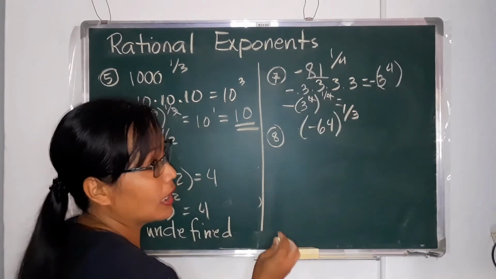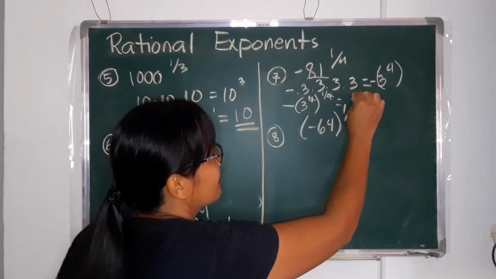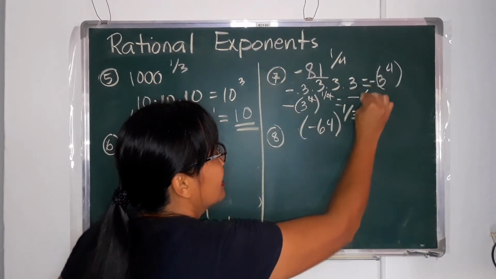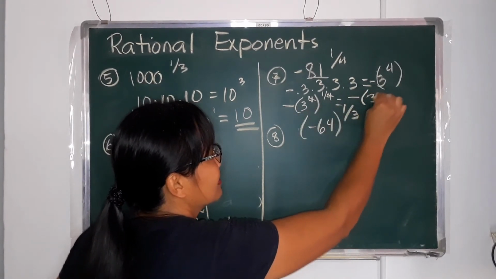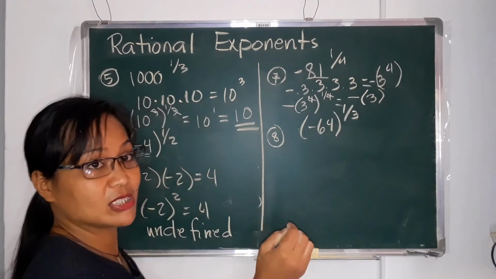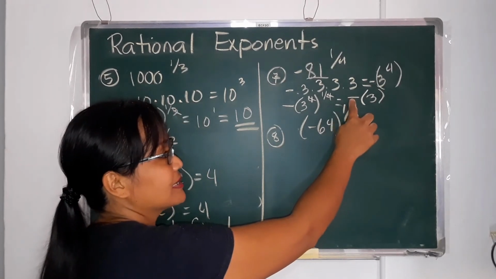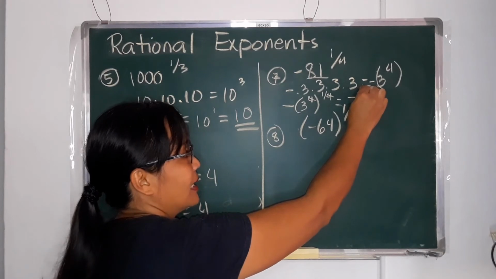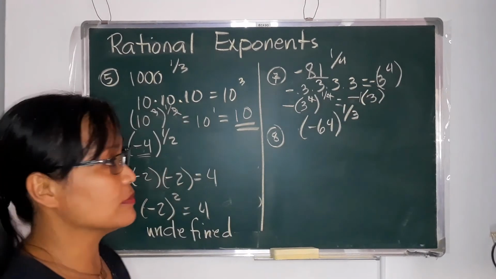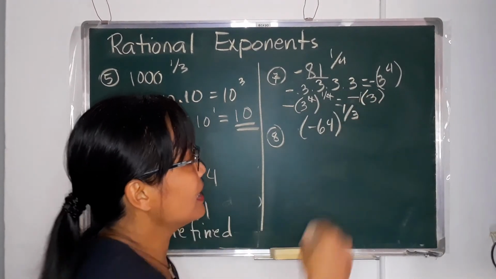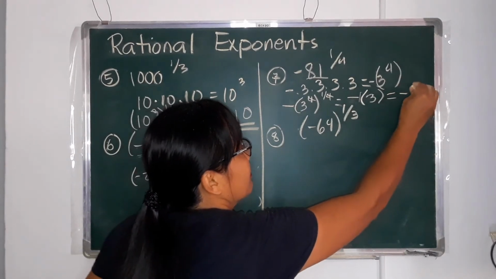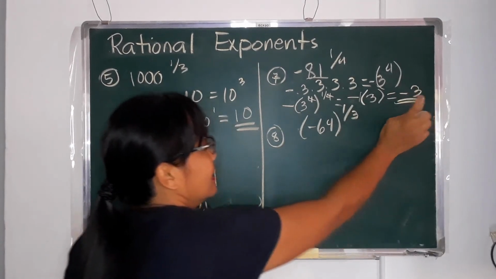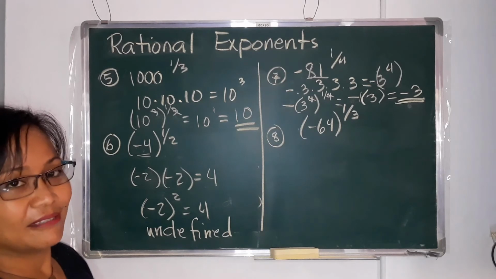Then everything is 1. So the answer is already 3. So copy the negative outside and then copy 3 inside. Again, as I mentioned a while ago, for the negative sign here, there is 1 outside. Again, 1 is invisible. So negative 1 times 3, the answer is negative 3. So this is not undefined.